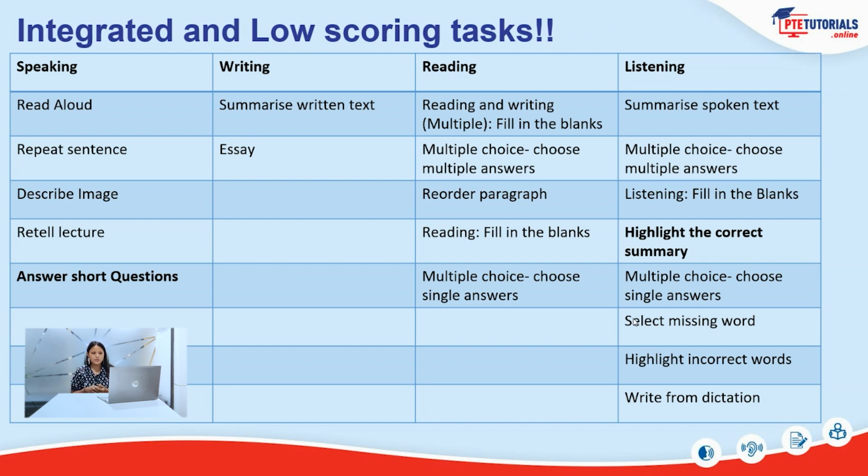Those tasks would be answer short question from the speaking module and highlight correct summary from the listening module. Hardly two of the overall 20 tasks of PTE are low scoring but integrated in nature. Answer short question gives the score towards your speaking as well as listening module, whereas highlight correct summary gives the score towards your listening and reading module.